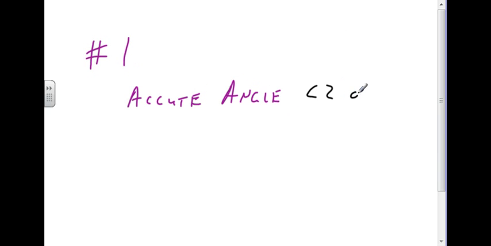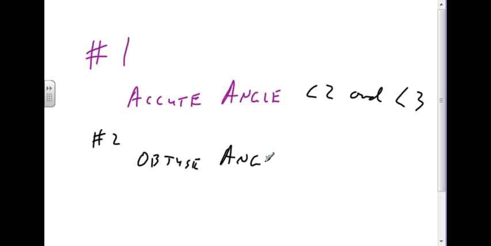Angle 2 and angle 3. That they're the same measurement is okay, but I don't really care. Number 2. Name 2 obtuse angles. Angle 1 and angle 4.